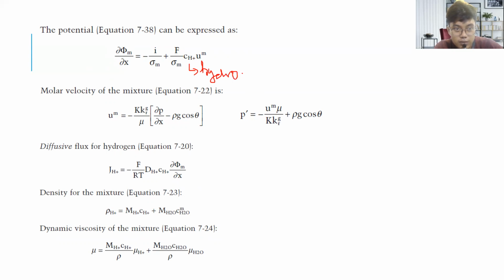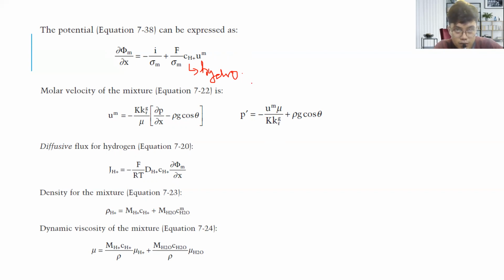Okay, we know that the potential equation, the basic of potential energy or the voltage, is for the concentration of hydrogen.